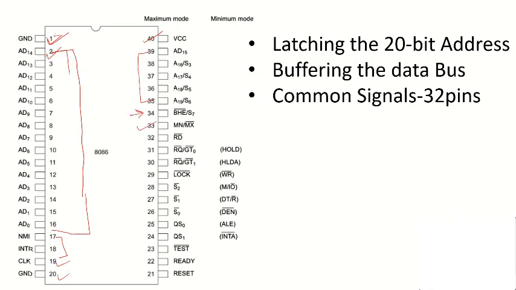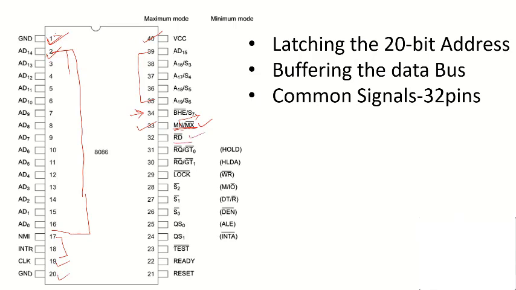This pin decides the operating mode of the processor. If it is 1, then it means the processor is in minimum mode. If it is 0, it means the 8086 will work in maximum mode. RD bar means just for read.